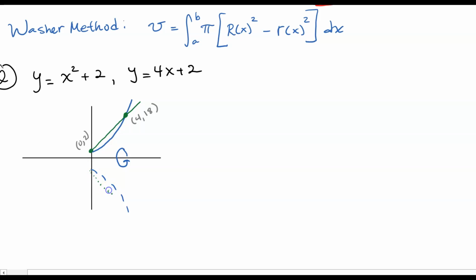Something like that. So we're looking at this, and I'm going to highlight in here so you can see what we're looking at. And let's say we're going to slice it right about here.